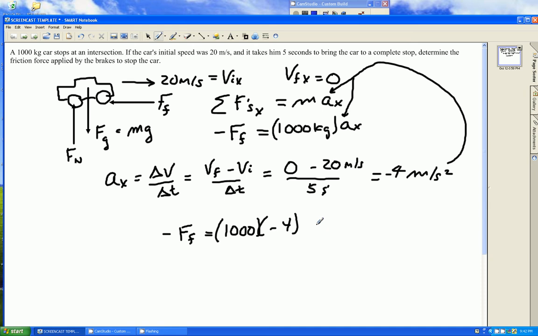Since the units are all in SI standard units of meters, kilograms, and seconds squared, this will come out in newtons, and that answer is equal to 4,000 newtons, pointing in the left or negative direction.